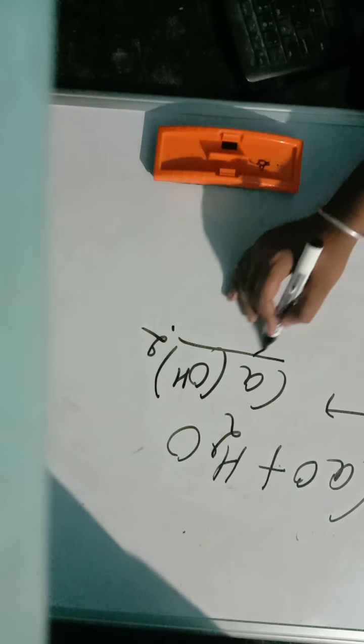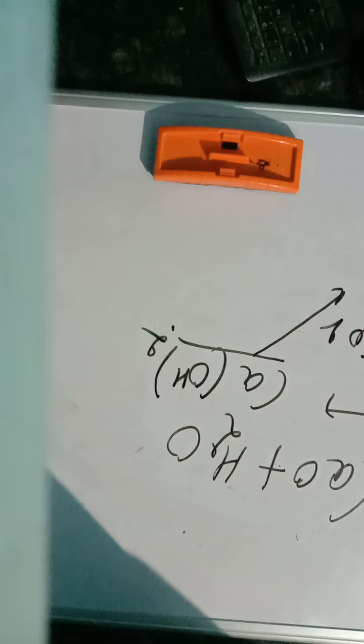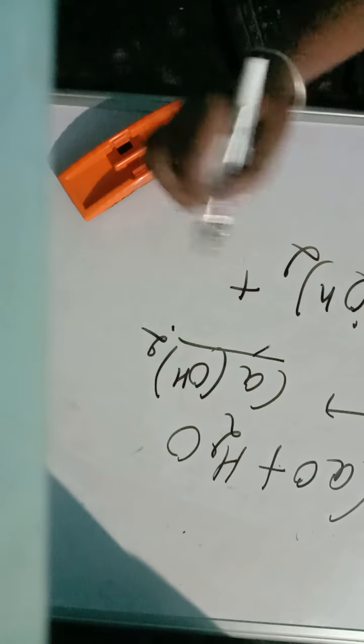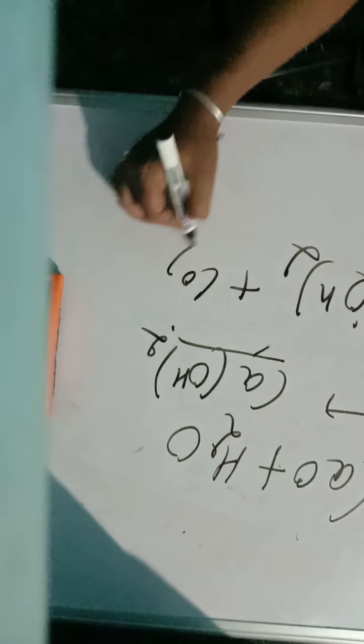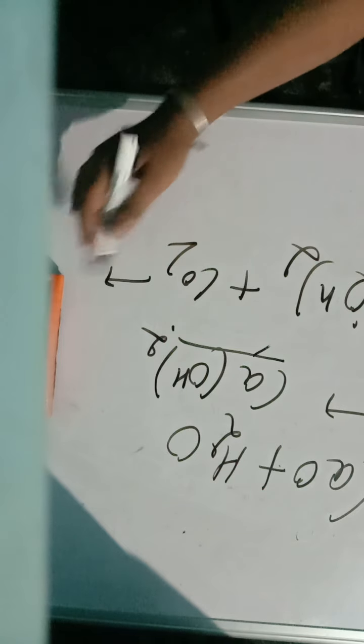Further, if you put calcium hydroxide plus we are going to add CO2, again what is it going to form? Let's put one reaction over here.